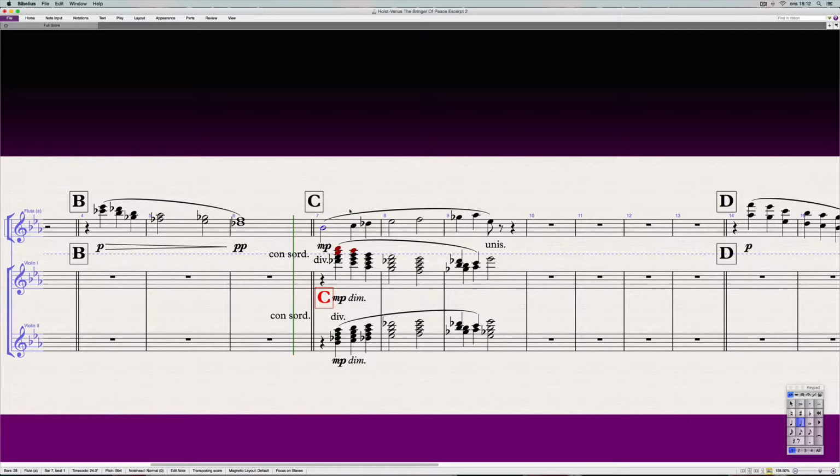So it's quite low, but it doesn't matter since the dynamics are also low. So as long as you're below MF, you're fine with pretty much any instrumental combination, because it's much easier for them to blend below MF.